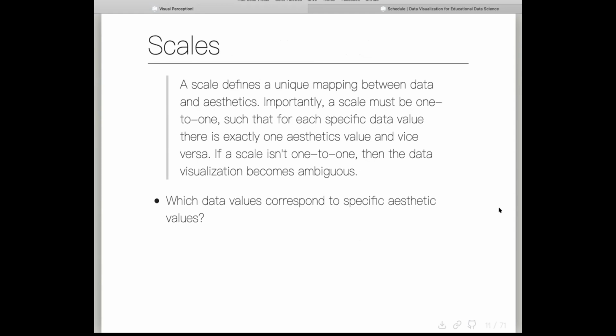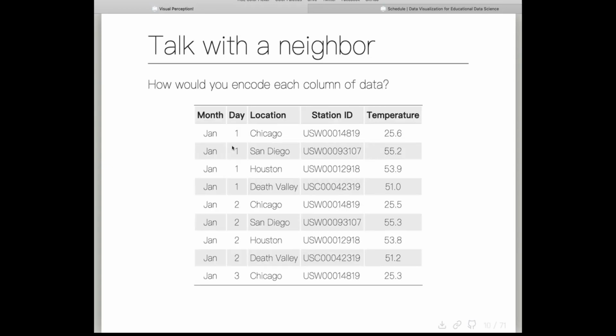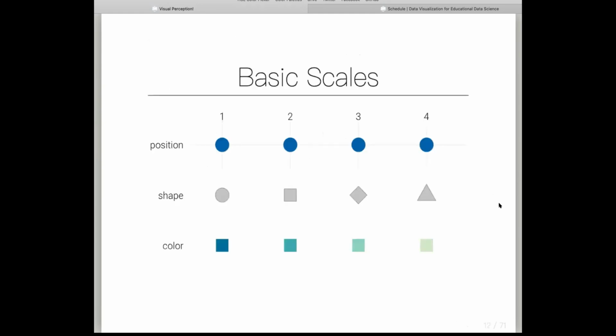We just talked about this in the previous example, when we're thinking about data values corresponding to specific aesthetics: time and temperature both corresponding to space, and then the location is going to be mapped to color, or line type, or whatever. There are quite a few different scales.